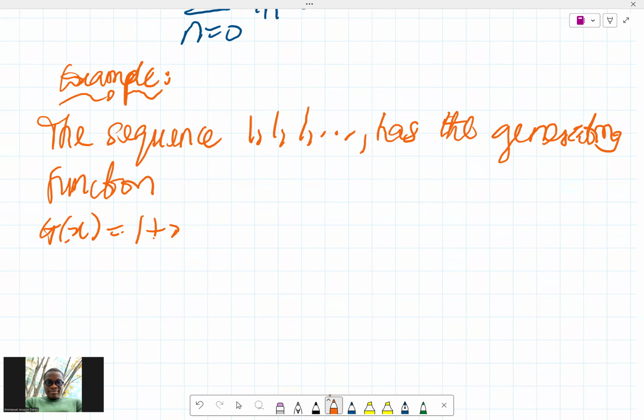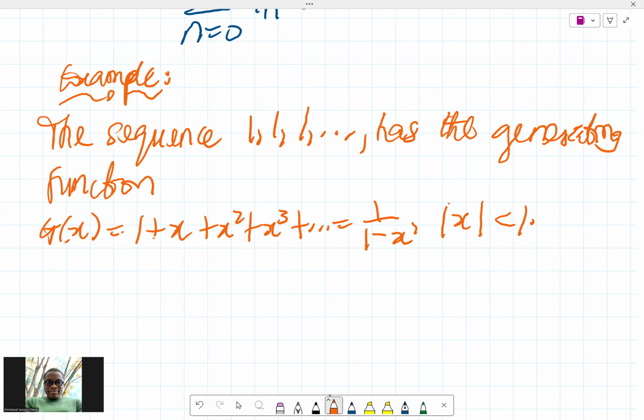So you can see that the coefficients in this situation are all 1, just like you see 1, 1, 1 all the way. So this is 1 over 1 minus x, if you take the sum to infinity. And this is only true for absolute value of x less than 1, meaning that x lies between -1 and 1 in that situation. So that is about ordinary generating functions.